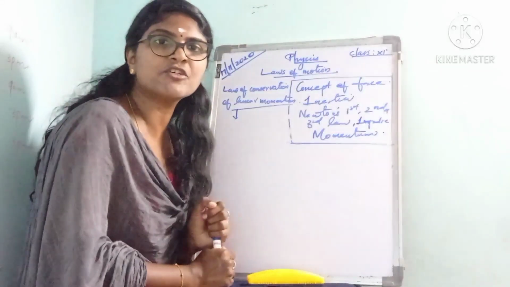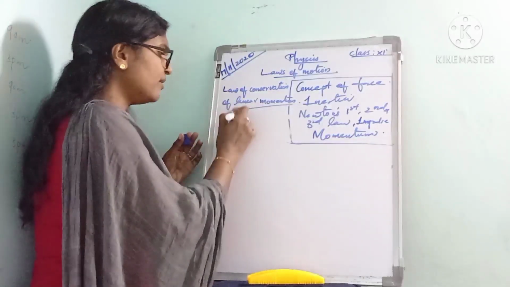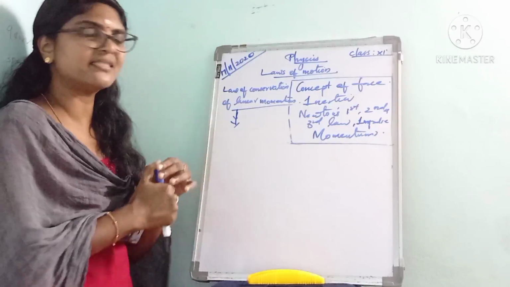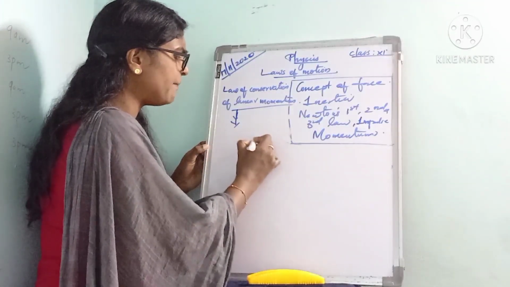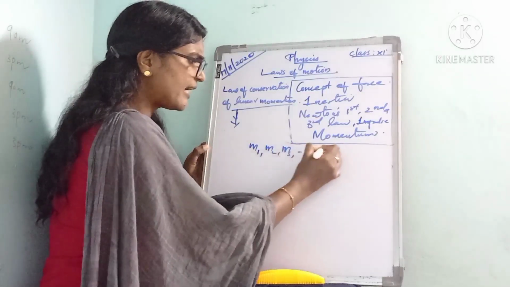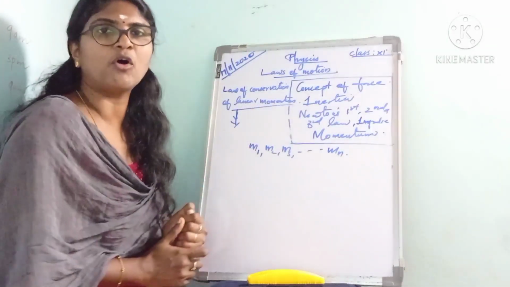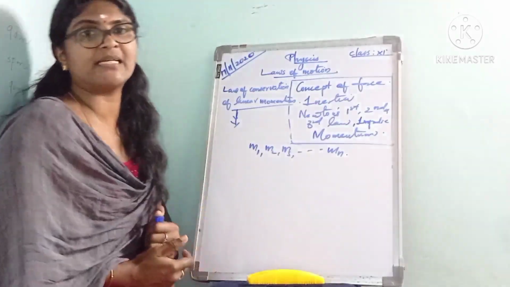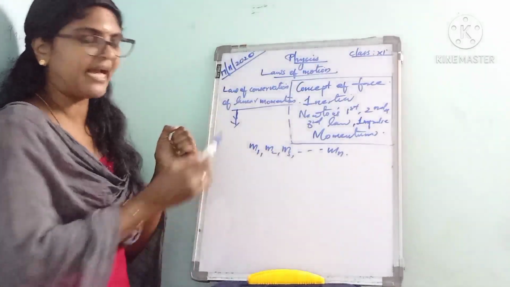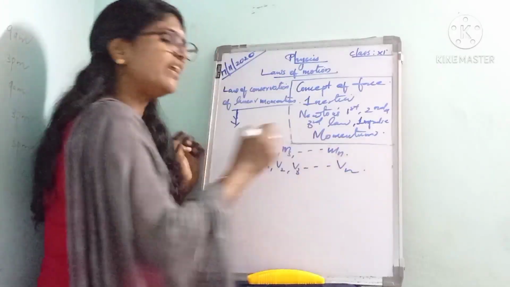According to this law, suppose we consider a system consisting of many particles of masses m1, m2, m3, etc. up to mn, moving with velocities v1, v2, v3, etc. up to vn.